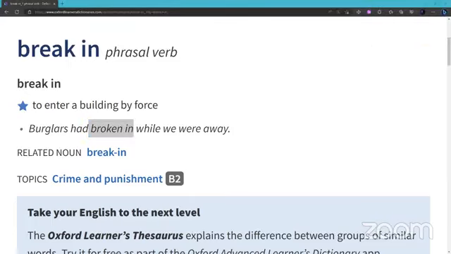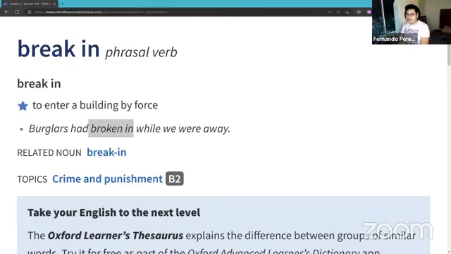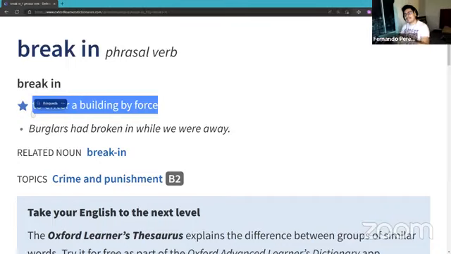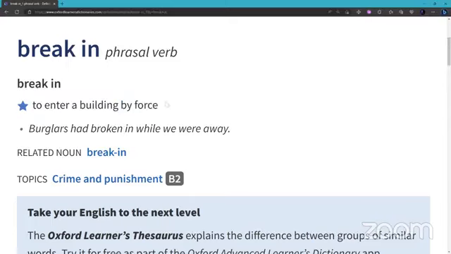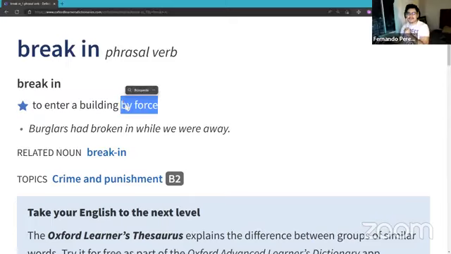Okay, right. So the strategy I taught yesterday to the guys to understand phrasal verbs better is to read the definition and find the most important parts of the definition, the parts that can help you understand, by force, for example. But doing what by force? Because the synonym of a verb needs to be a verb, and "by force" is not a verb.